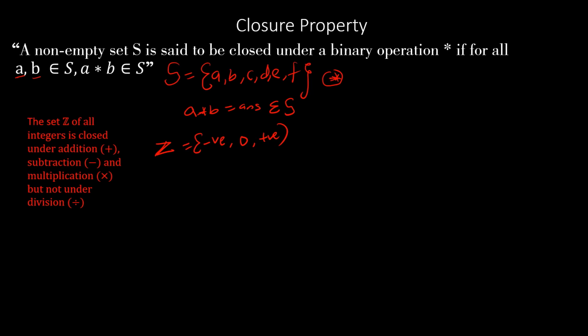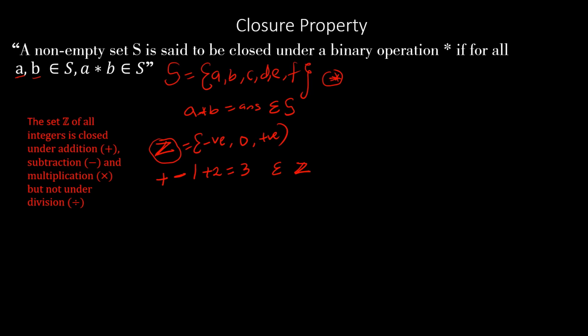So looking at operation addition, if you take any two random elements of Z, let's take 1 plus 2, we have our answer to be 3, and 3 is also an element of Z. So if you take any two random elements of Z and add them, we are going to have another answer which is also an element of Z. So we say Z is closed under the operation addition.